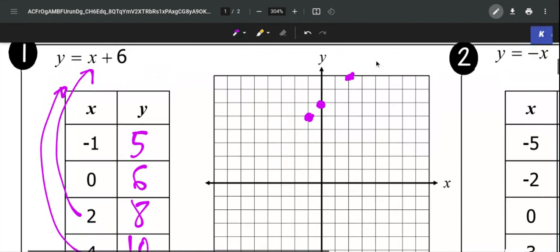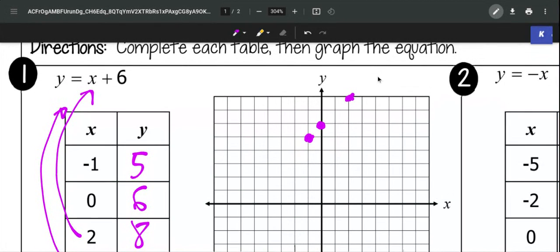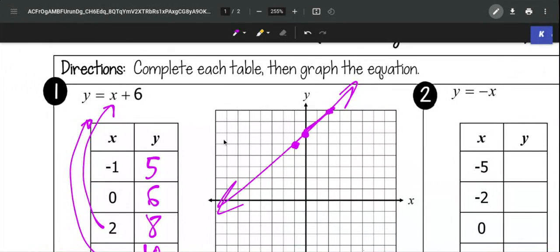Yeah, this only goes up to 8. So you could either go above and make another point, or you can just go ahead and draw a straight line through your points, and there's your line. That one's pretty easy to plug in your x values because there's no coefficient to multiply by and no fraction.